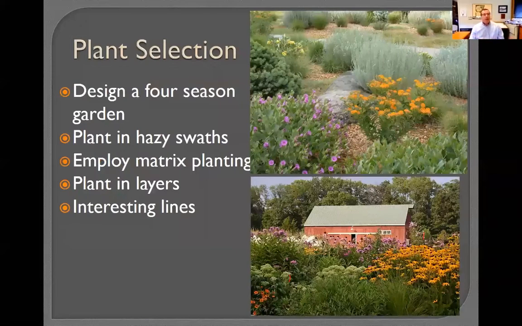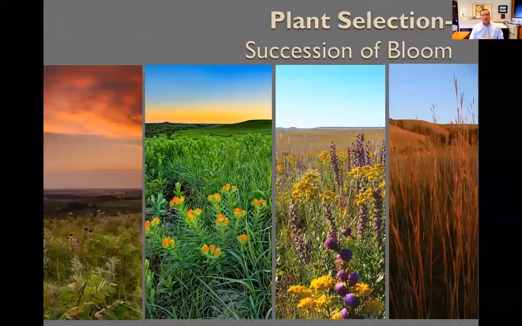So, plant selection, designed for a 4-season garden, and we'll talk about all of these more in depth in just a little bit. Plant in hazy swaths, employ matrix planting, plant in layers, and create some interesting lines is really important. So, plant selection. After you figured out which plants will fit your area, you need to begin to think about this succession of bloom.